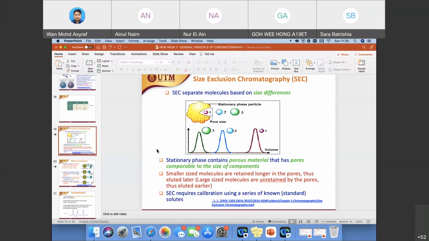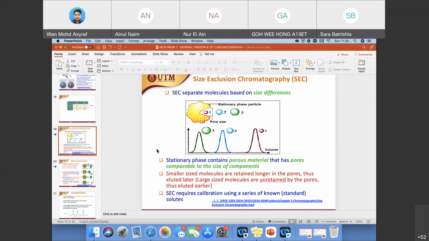So the stationary phase for size exclusion chromatography contains porous material that has pores, where the pores have some sort of size. The smaller molecules will be retained much longer inside the pores, whereas the larger ones will elute much faster because they have no interaction with the stationary phase.